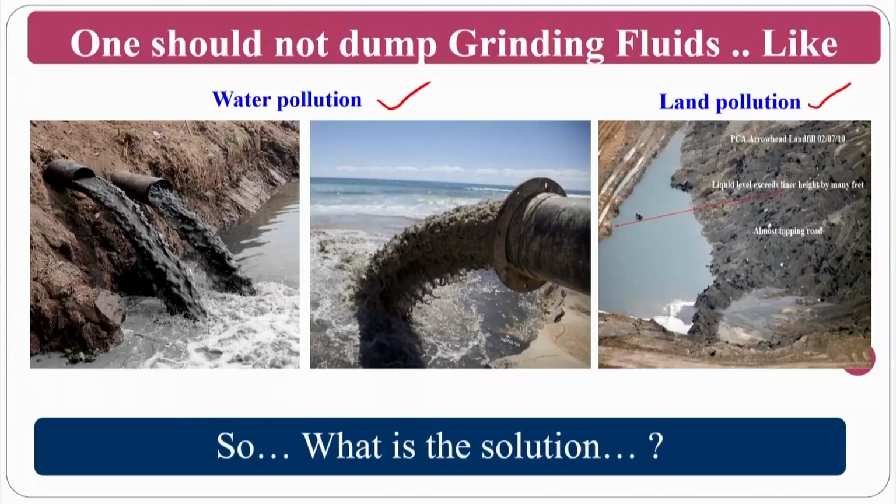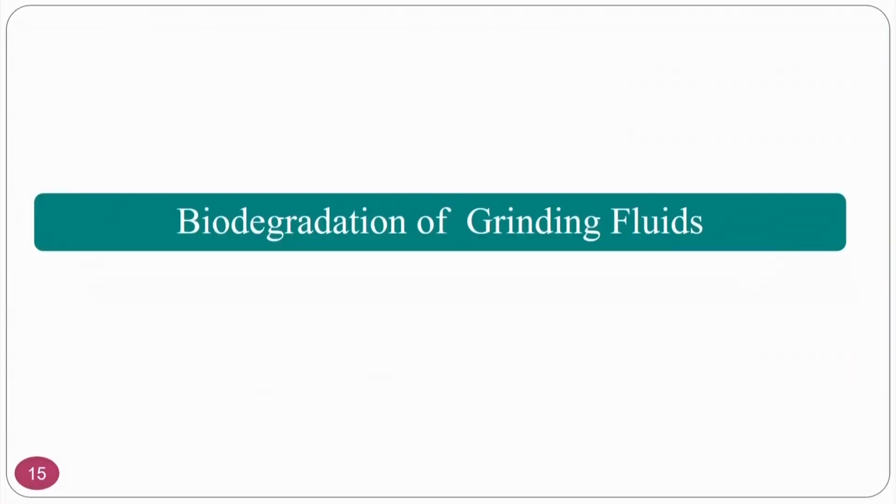A tentative solution as per the current trend is this: before pumping these cutting fluids into river bodies, we should treat them biologically, so that it will not create any harm to the living organisms in the water body, nor to the people who depend on that water body.